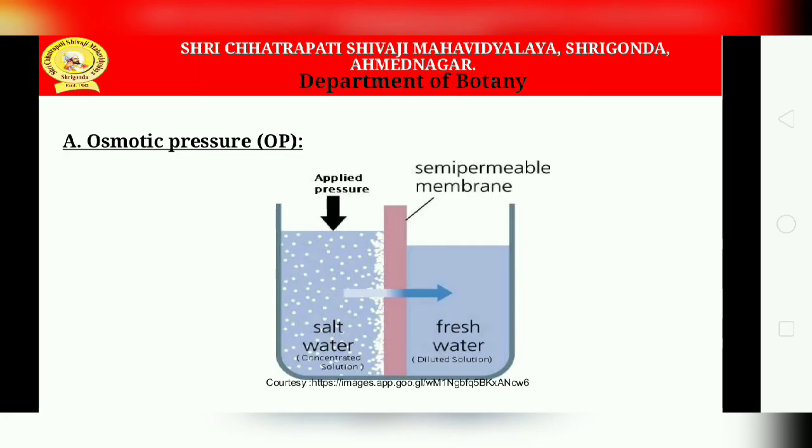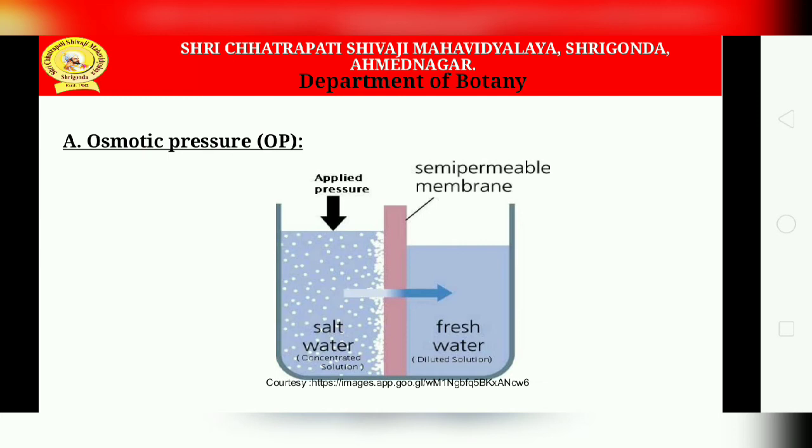Now we will discuss the pressures which are formed during this process. First is the osmotic pressure. So what is osmotic pressure? In this picture you can see that during the separation of two solutions by a semi-permeable membrane, a pressure is developed in the solution due to the presence of dissolved solutes in it, and it is known as osmotic pressure.